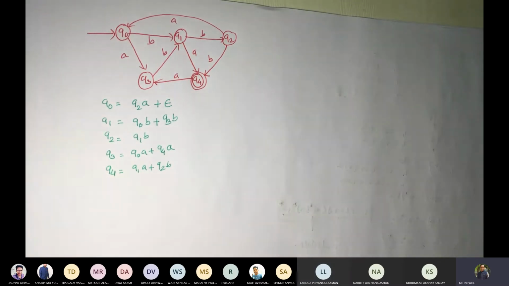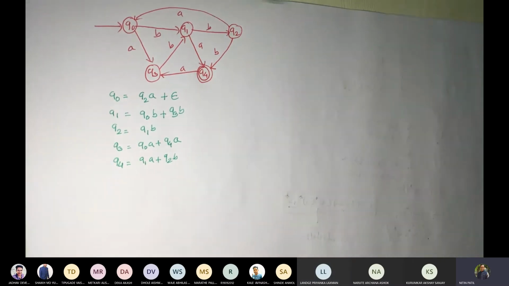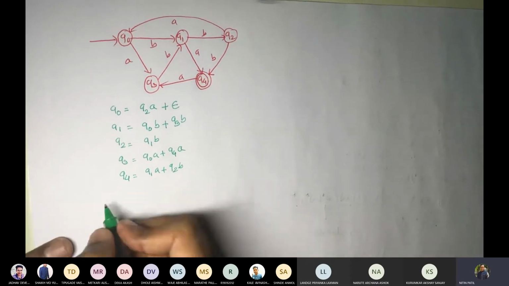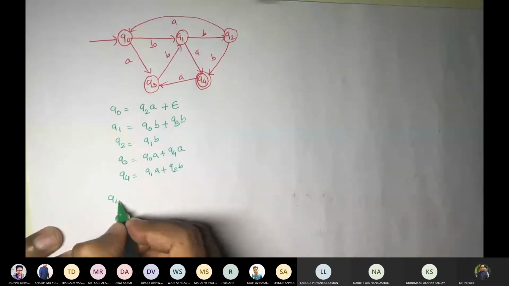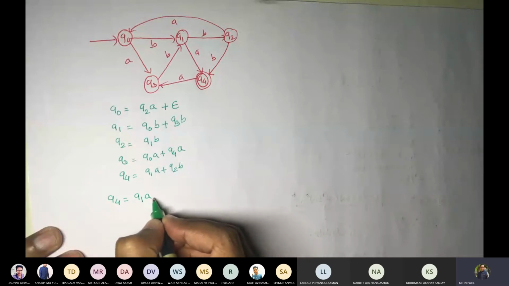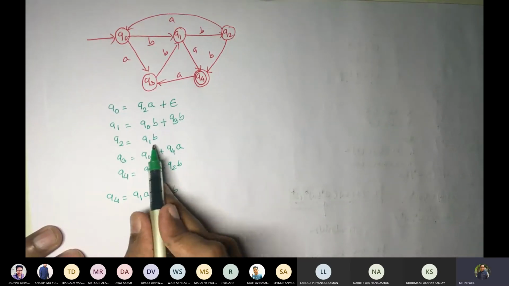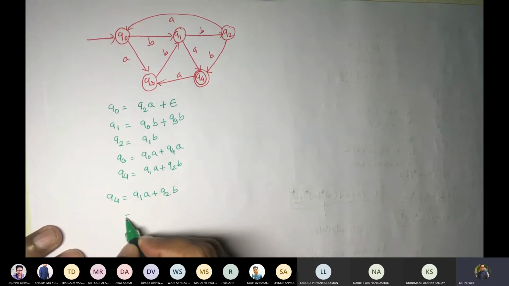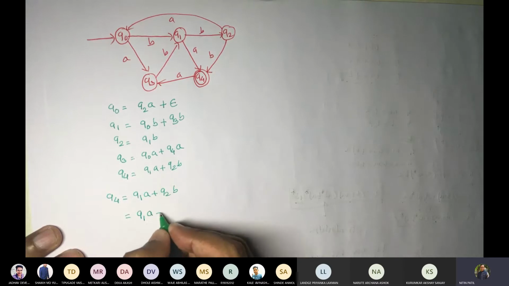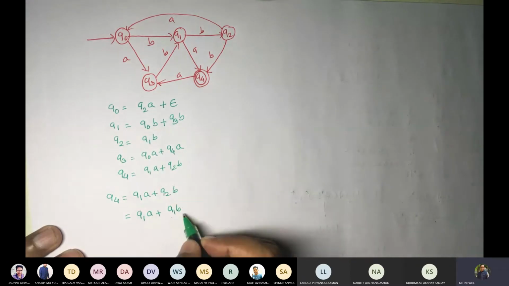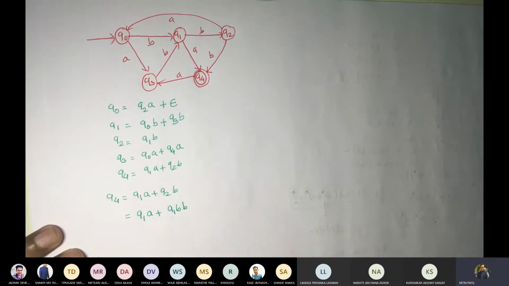So now we have to start. Okay. Let us see what we can do. So we'll write Q4 first. Q4 is equal to Q1A plus Q2B. Now, if I put the Q2 value here, what would be the case? What will I get? Q1A plus Q1B, correct? Q2 and then this B. Is that okay?